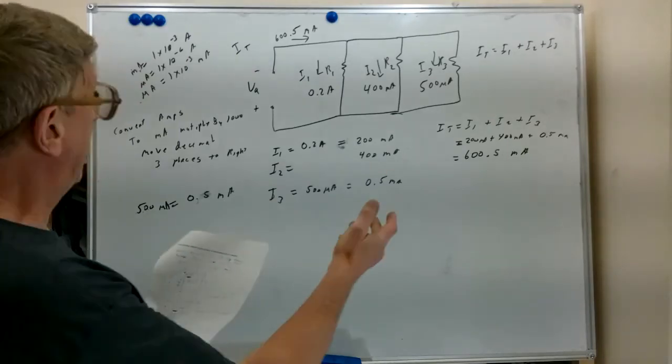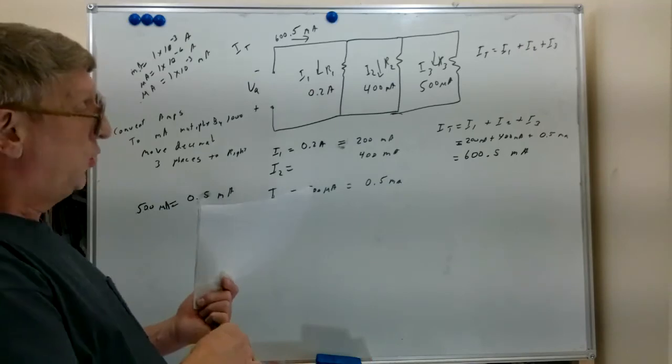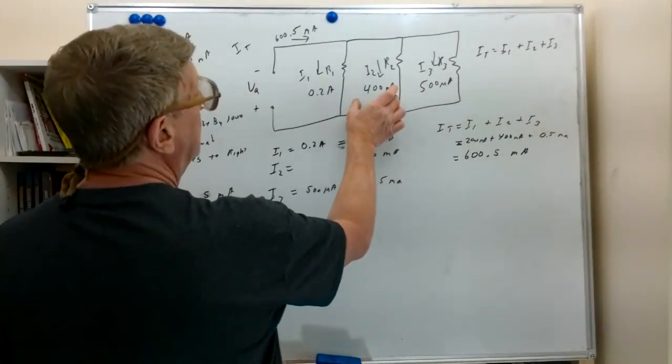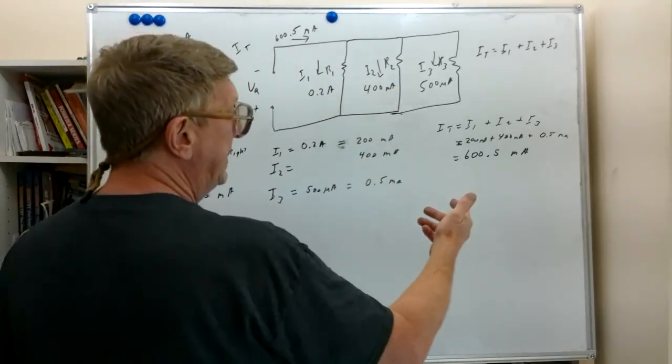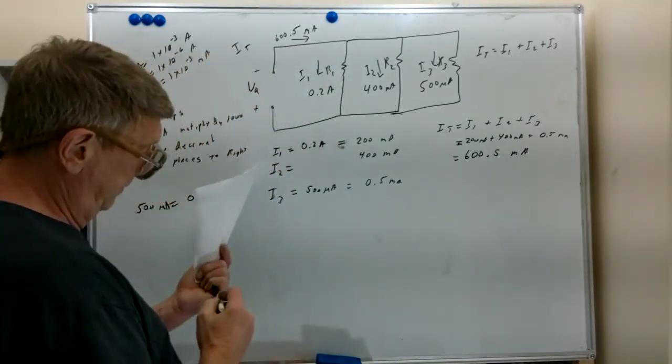We could have converted them all to amps, or all to microamps. In this case, we used the middle of the road unit, milliamps. By getting them all in the same units and adding them up, our answer is in those same units.